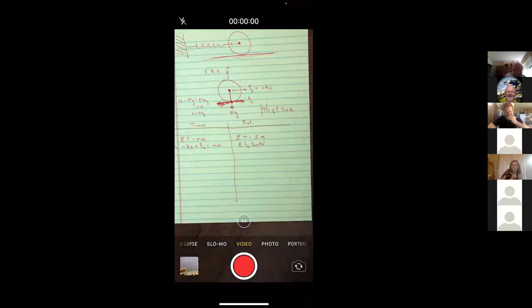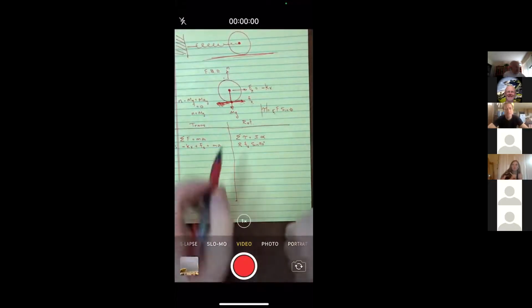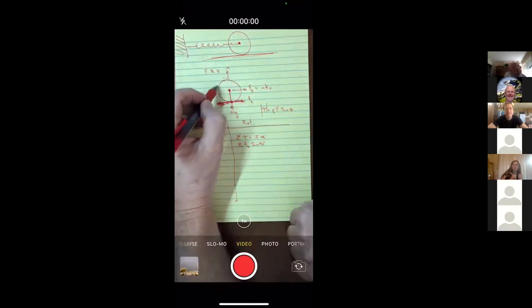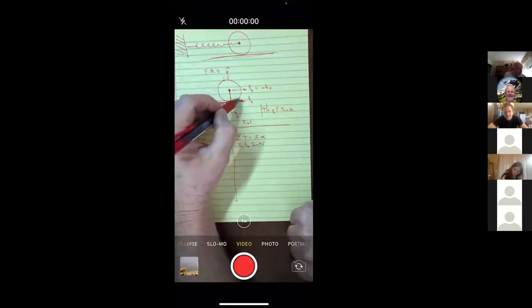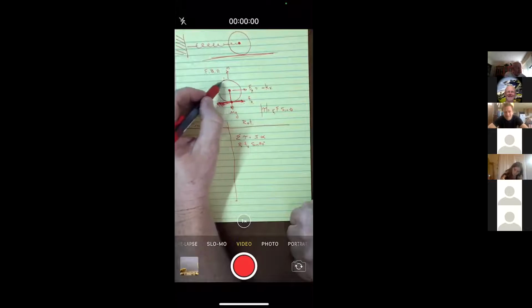Okay. Now let's talk about plus or minus. Because this, I want to do a little different than I did last time. Last time I just picked the convention. The conventional pattern is if something rotates in a counterclockwise direction, we call the torque positive.